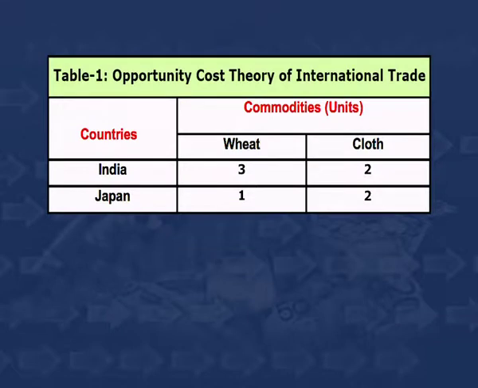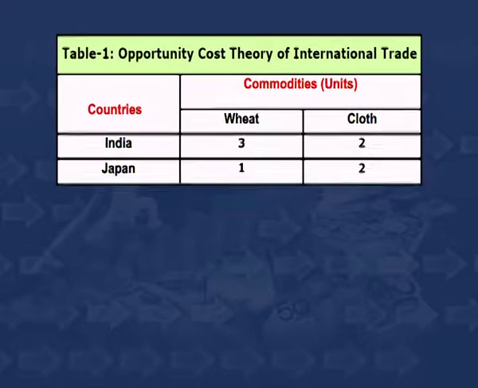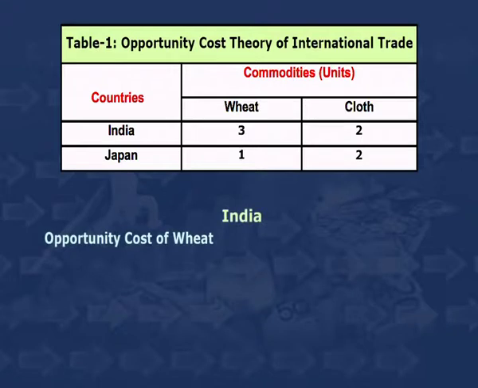Let us consider table number 1. We will take the case of India first. India can produce 3 units of wheat or 2 units of cloth with the available resources. Now, let us calculate the opportunity cost. The opportunity cost of wheat, also known as the domestic exchange ratio, is 3 wheat equal to 2 units of cloth.